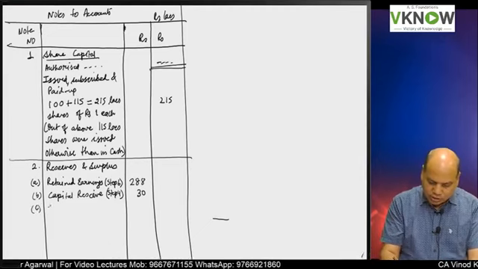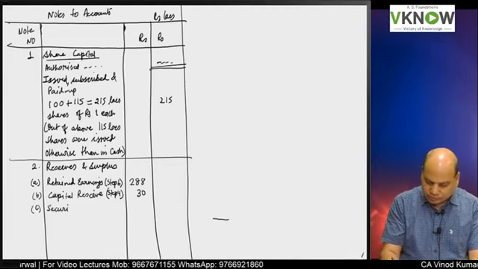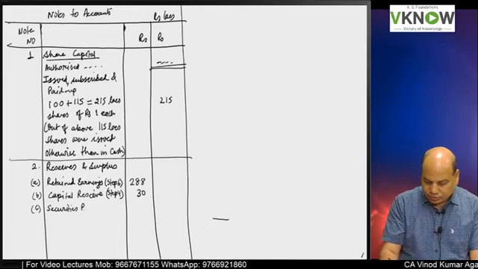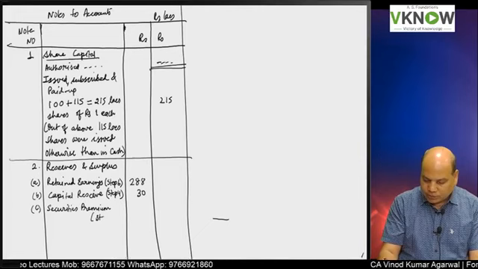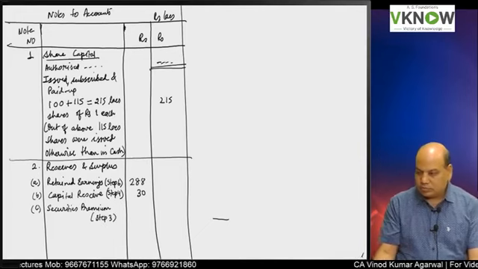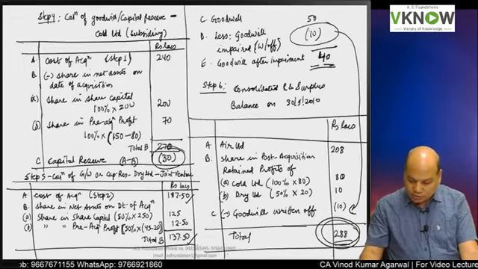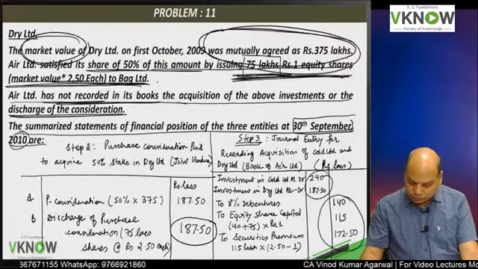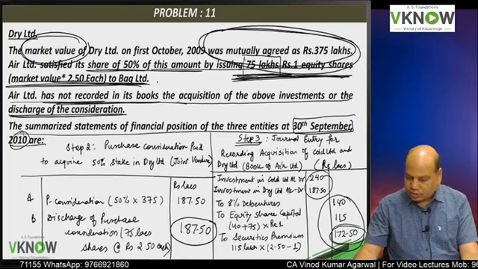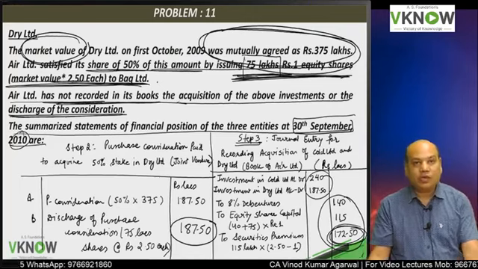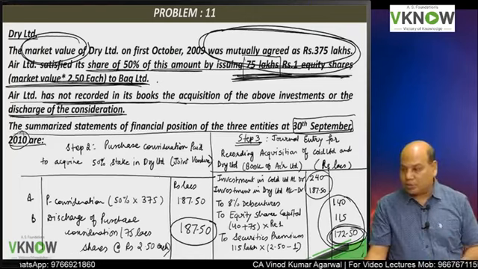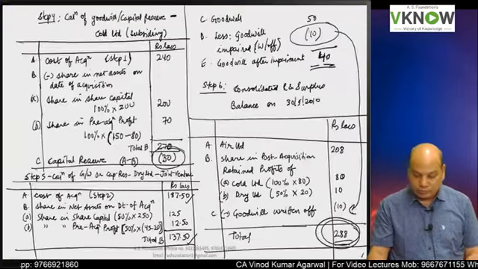And one more line, write down securities premium. For securities premium, you will have to go to step 3, journal entry. We have recorded it, I will show you. Can you see on the right side below, 172.50? Securities premium will also come now.